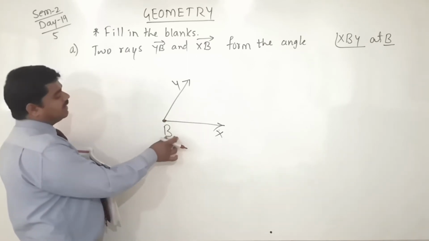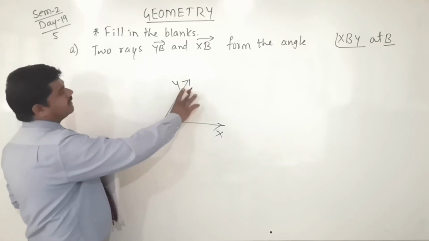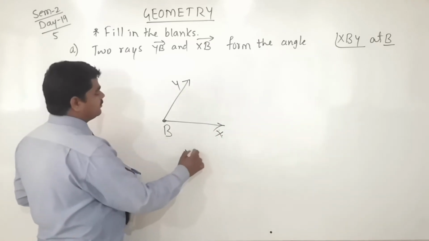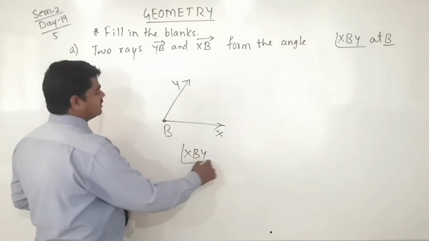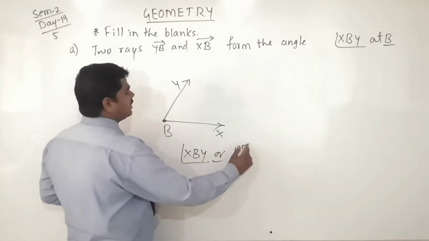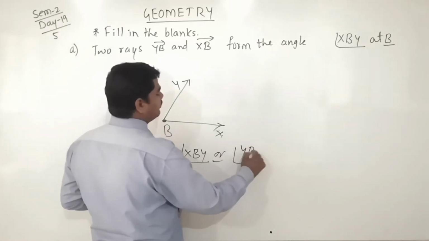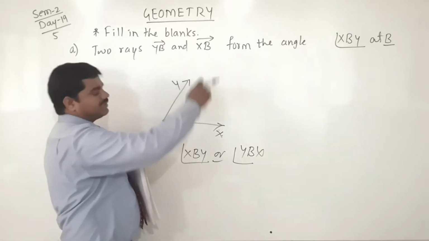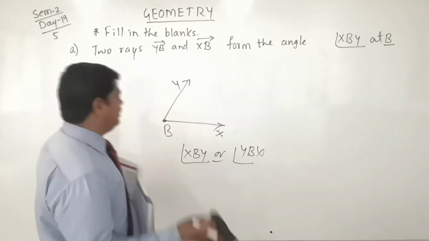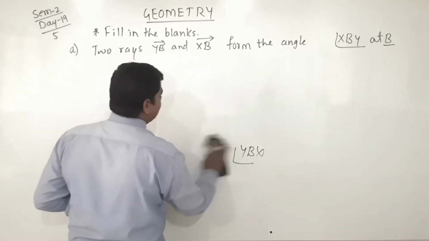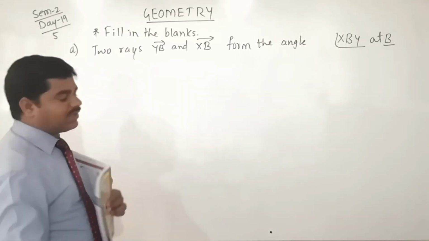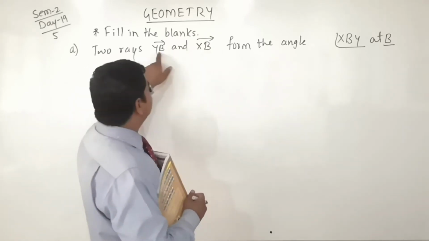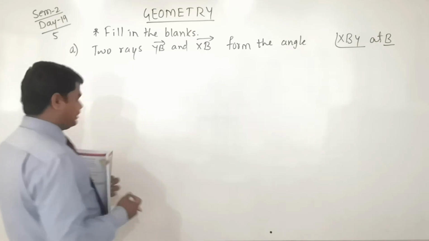They form an angle at B. The two rays XB and YB, we can name the angle XBY or YBX. Two names we can give. Yes or no? Very simple. When a picture of an angle is given, we can write which is the angle and which is the vertex. Vertex, how will you come to know? The common point of both rays, the common alphabet, the endpoint.